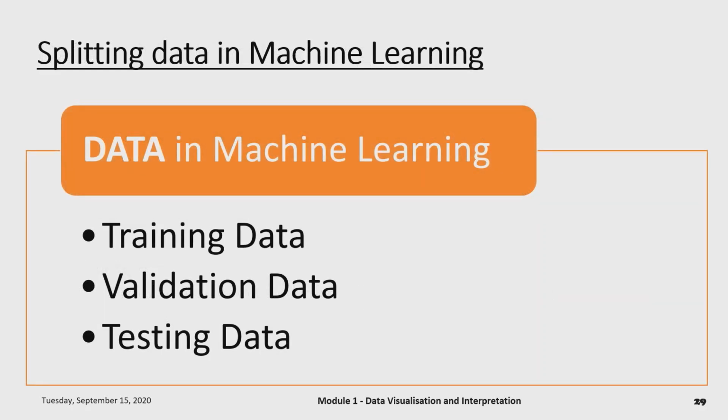Now, splitting up the data: when you are going to use machine learning, you are going to try to build up a model, and you may find that your data is divided into these three cases. First will be training, second will be testing, and most probably we go on validating that data, to check how accurate it is, right?